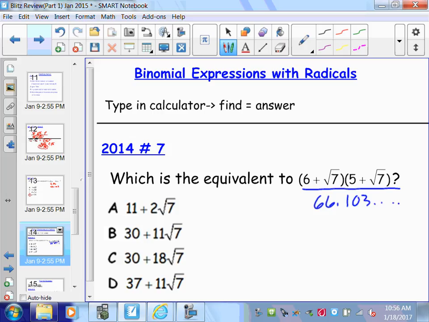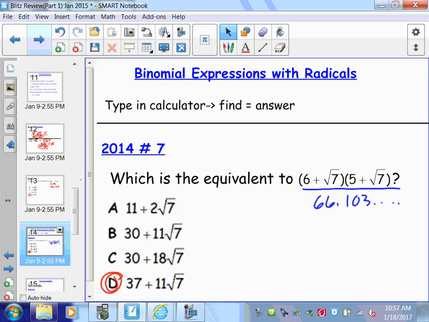Which one has that same value? It's D. That's a pretty high number, so that's the closest one.